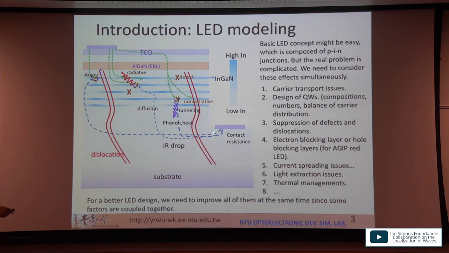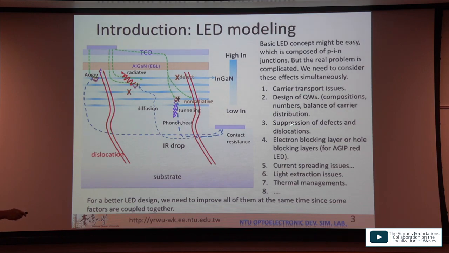That will affect your efficiency. So you have many things to consider. You need to consider carrier transport. You need to consider how to design the quantum well to give you the right emission wavelength. You want to lower the voltage, so you need to compromise on composition and quantum well number.